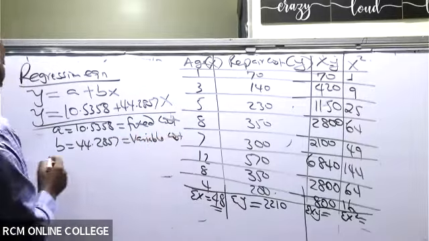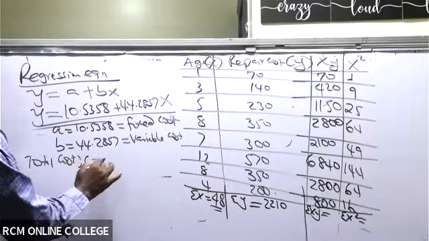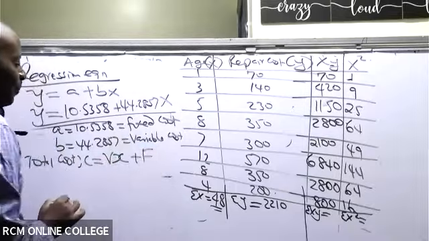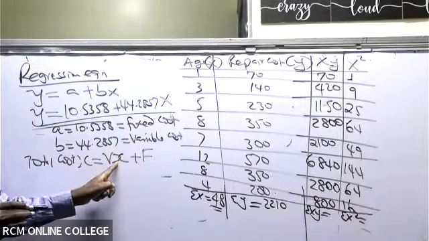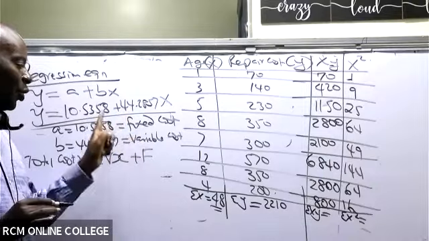Ladies and gentlemen, remember, generally our total cost C equals Vx plus F. The one that has got X is what varies, so this is the variable cost.